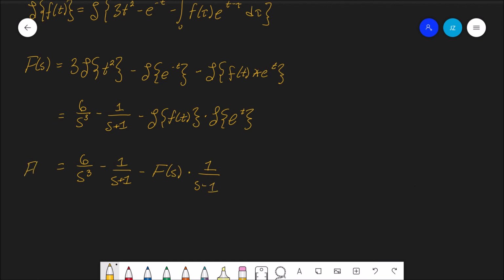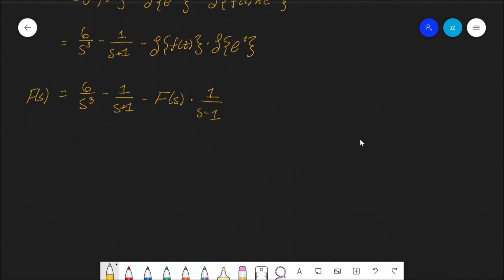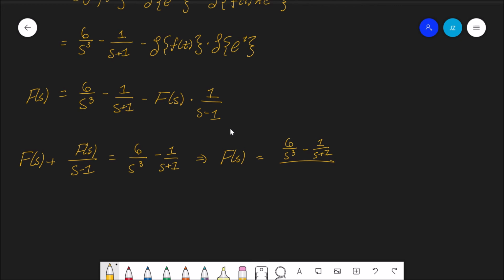And remember, big F of s equals all of that. Moving this over to the other side, we're going to have F of s plus F of s over s minus 1 is equal to 6 over s cubed minus 1 over s plus 1. So F of s will be 6 over s cubed minus 1 over s plus 1, all over 1 plus 1 over s minus 1.